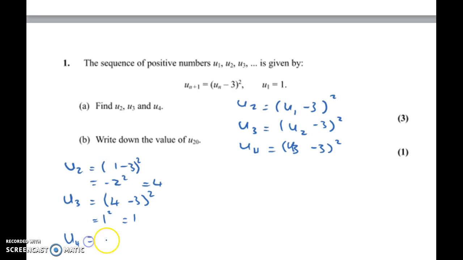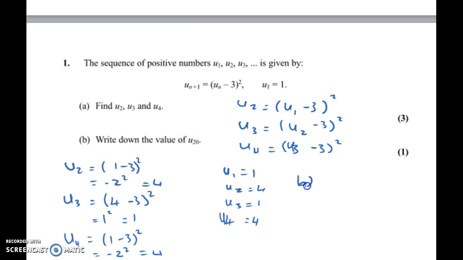And u4 is u3 minus 3 squared, which is minus 2 squared, which is 4. So from here you might have noticed that the odd terms are all 1 and that the even terms are all 4.